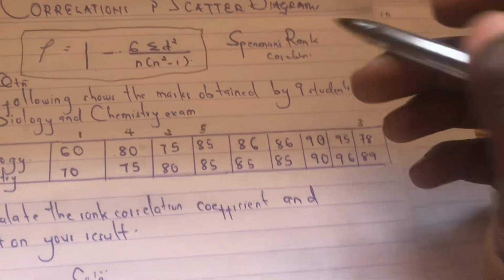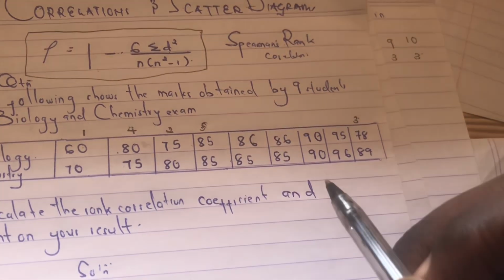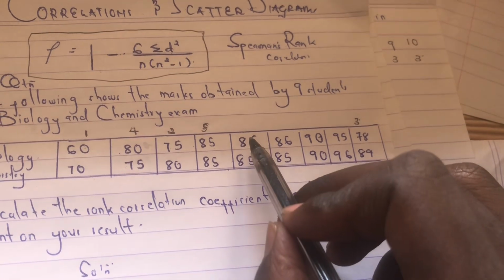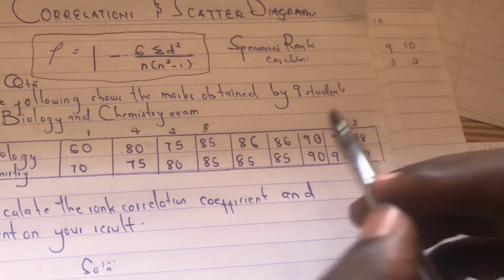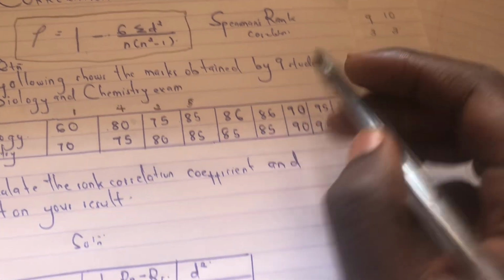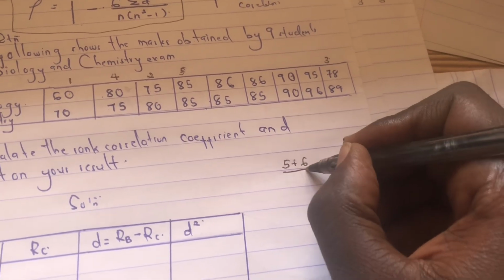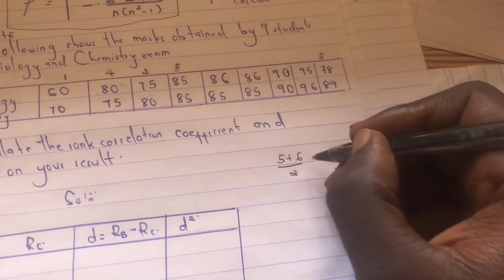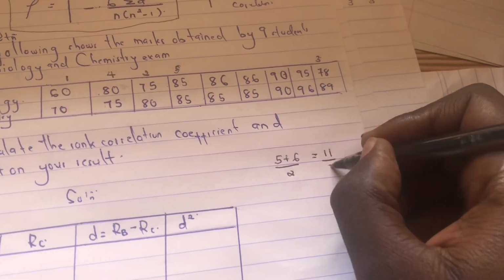Are we together? Then this 86 and 86, they are actually the same. So this is 86 and this is 86. That means this would be 5 and this would be 6. So what we do, we come and get 5 plus 6 and we divide it by 2. So 5 plus 6 is actually 11.